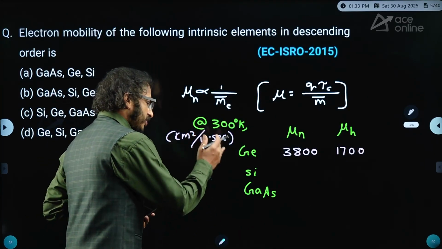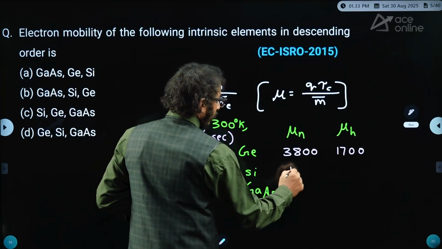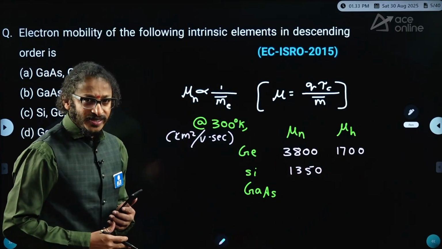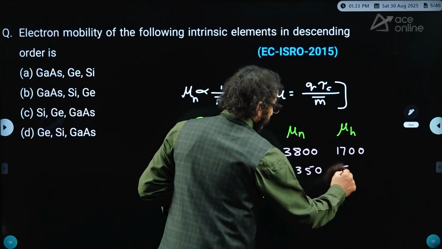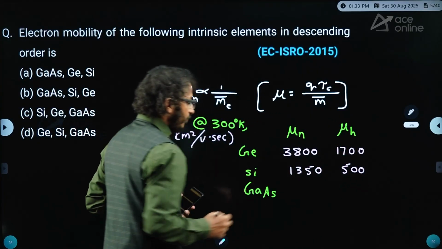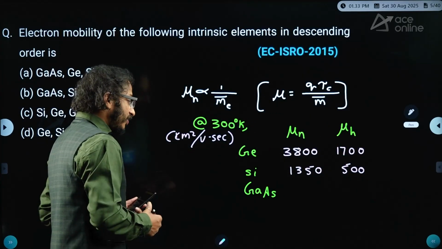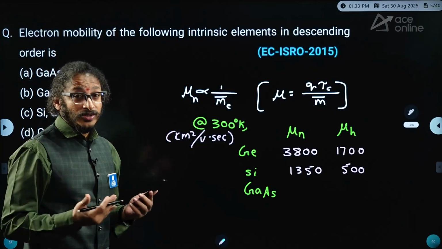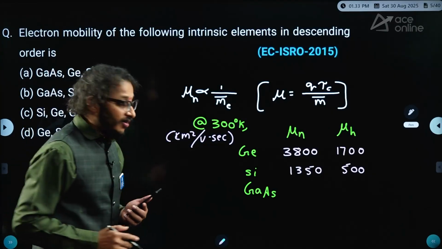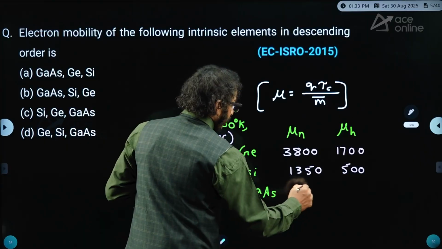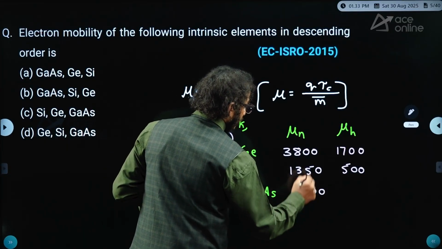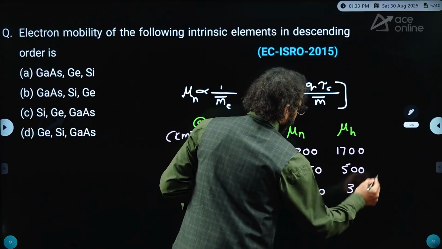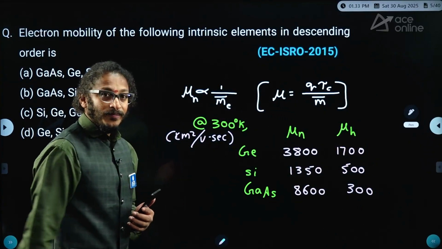In a similar way, for silicon, the mobility of electrons is almost 1350 or around 1300 centimeter square per volt second, and for holes, it is around 500 centimeter square per volt second. And for gallium arsenide, you know that the mobility of electrons is very, very high because of the very low effective mass of the particle. It is almost 8600 centimeter square per volt second, and for holes this is around 300 centimeter square per volt second.